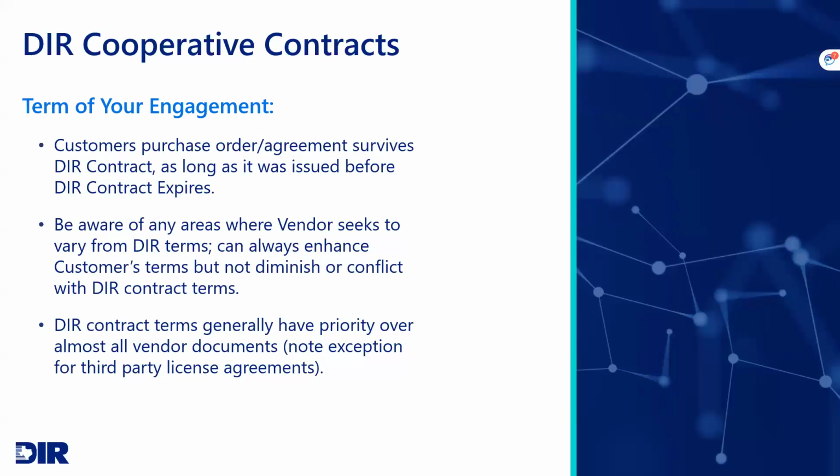As long as you get your PO issued before the contract expires, you're good. So let's say you've got a 1-year initial term and 3 one-year renewal options to issue to a DIR co-op vendor. But you see on the DIR website that that contract expires with us on February 1st and there are no renewal options remaining. It's okay. As long as you get your PO issued to that vendor before the contract expires with us, survivability is going to allow it to play out in full.